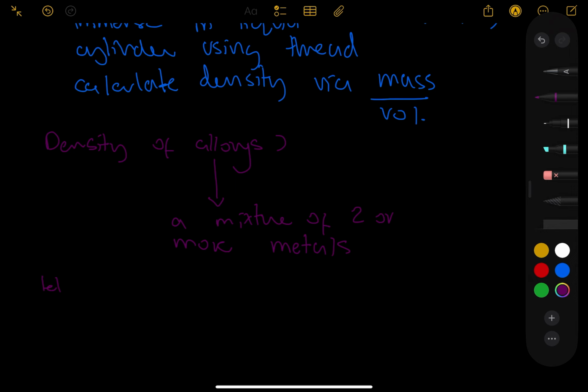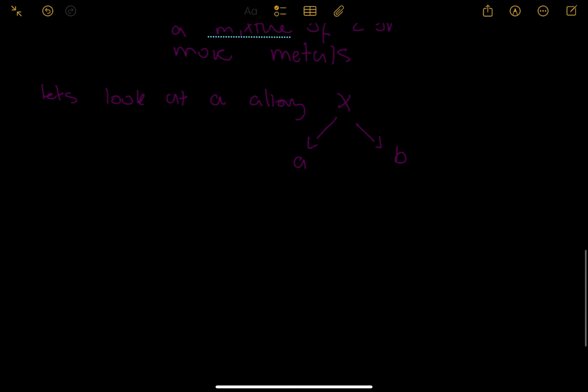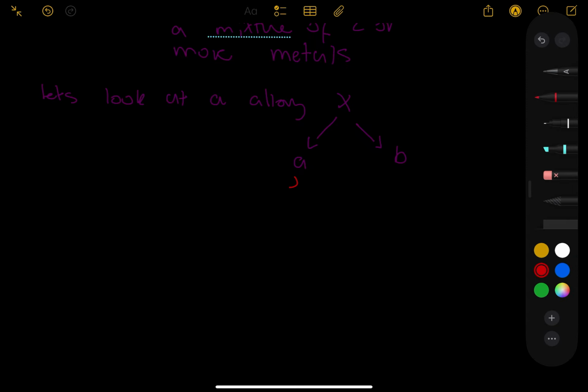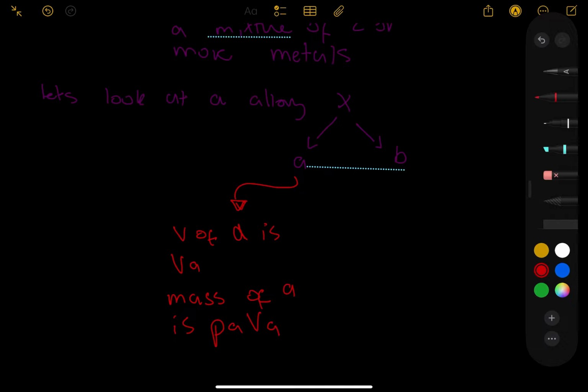Let's look at alloy X, and it is made up of metal A and metal B. If the volume of A is V_A, then the mass of A is the density of A times the volume of A. This is just from the rearrangement of the density equation.